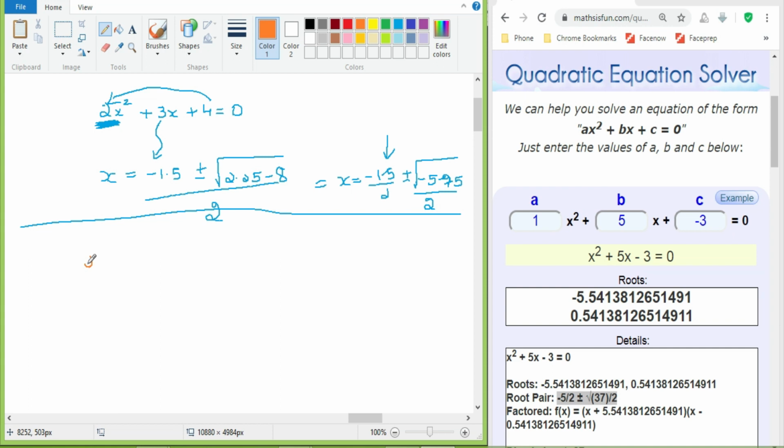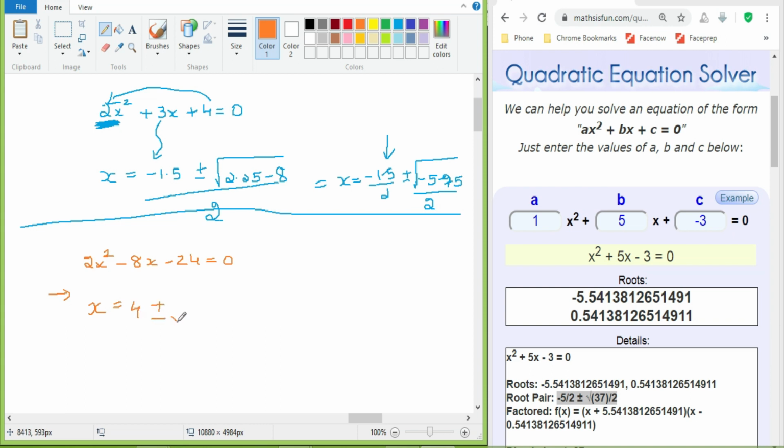2x square minus 8x minus 24 is equal to 0. Yes guys, how to tackle this? I can write x is equal to half of minus 8, that is nothing but minus 4. Since it is minus, I have to take it as a positive 4, right?